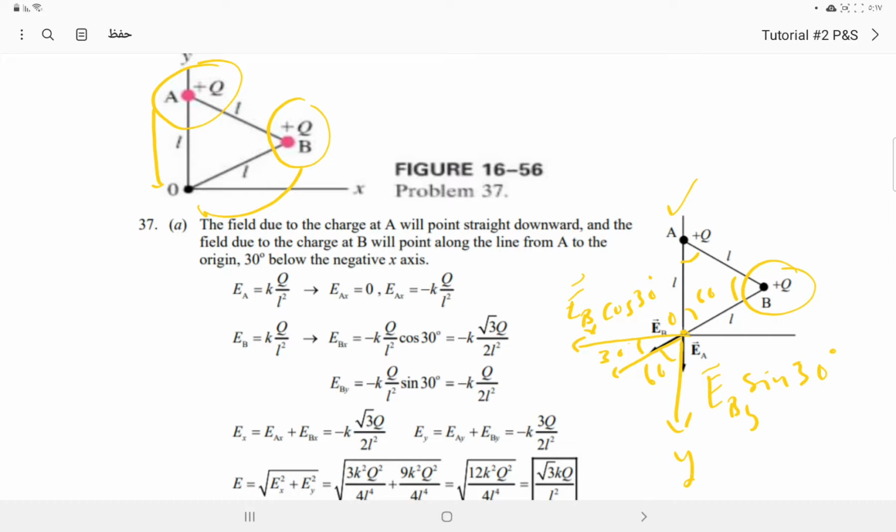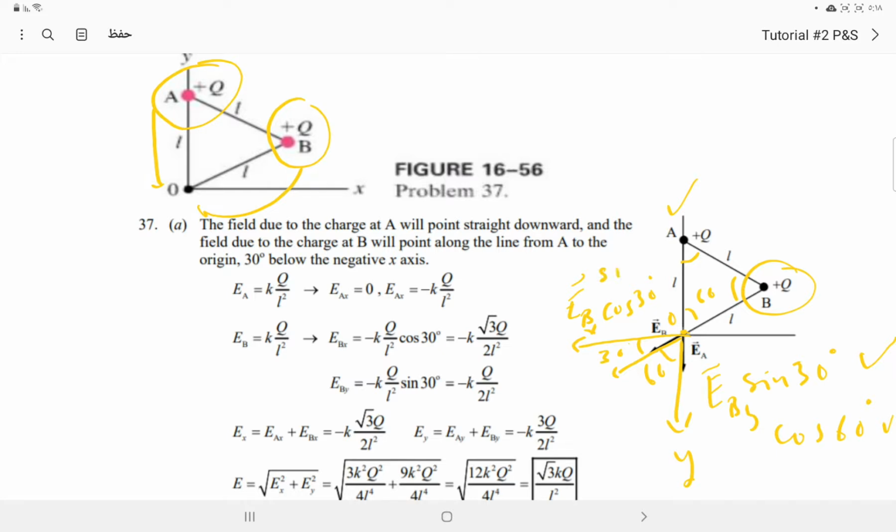If you take the angle 60 between the vector and the y-axis, in this case it will be cosine 60. And actually these are equal, the same thing. And also, if you take cosine 60 here, you should take here sine 60.